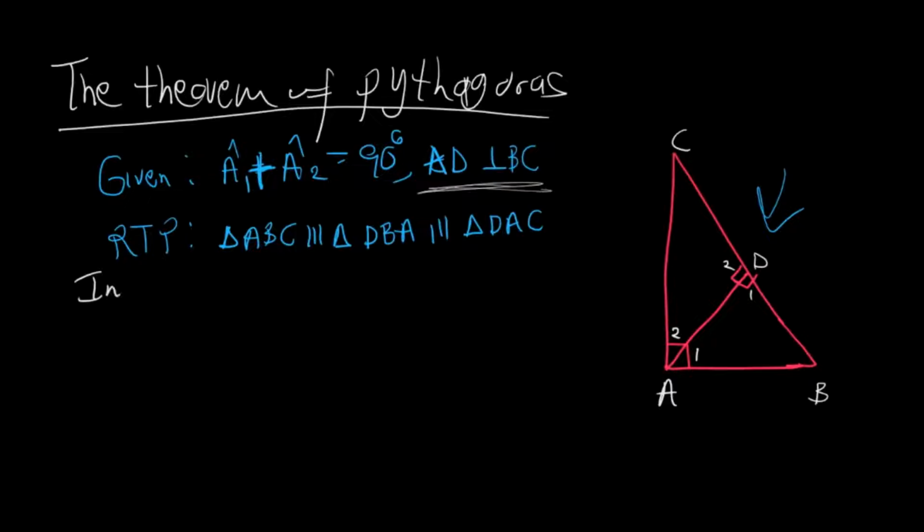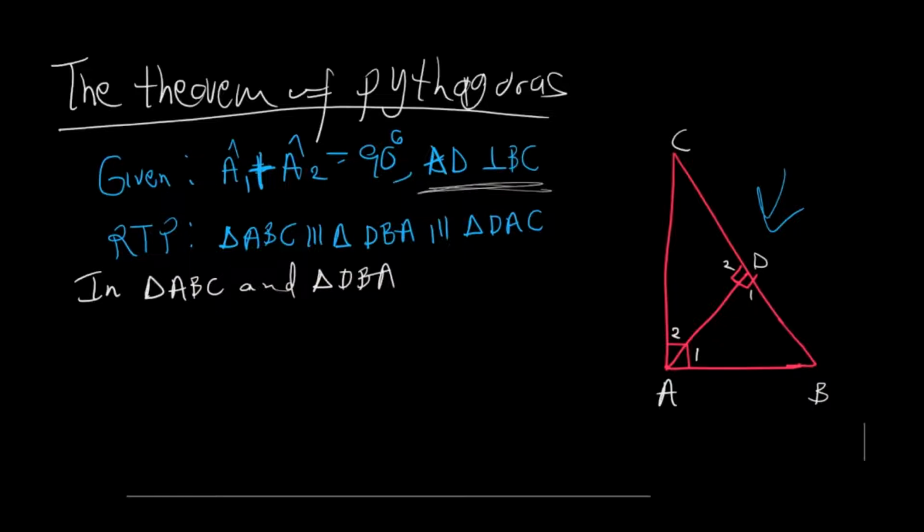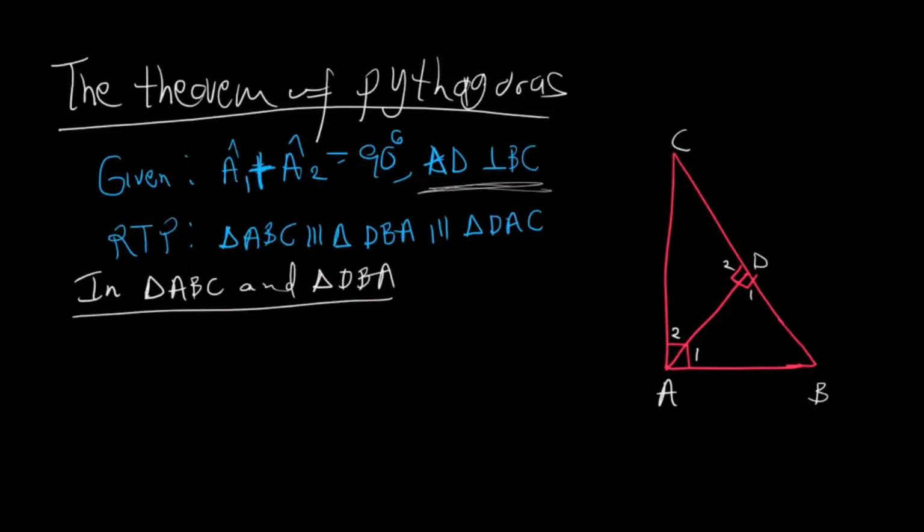So let's look at triangle ABC, the bigger one, and the smaller one, which is triangle DBA. Let's compare these using similarity.